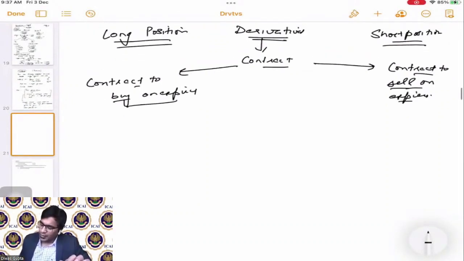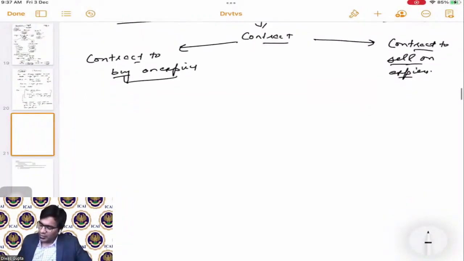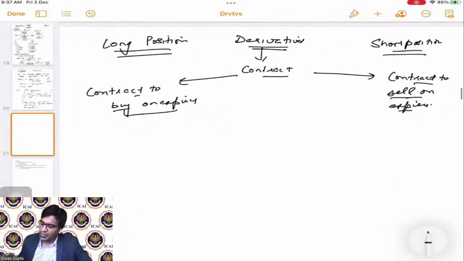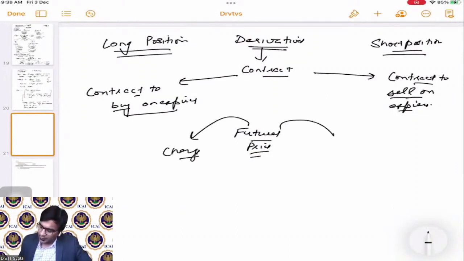Now, whatever price they are agreeing to buy or sell at, that means the futures price, they are agreeing to today's futures price to buy and sell, correct? But what if this futures price changes?